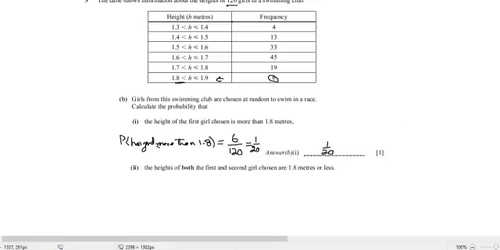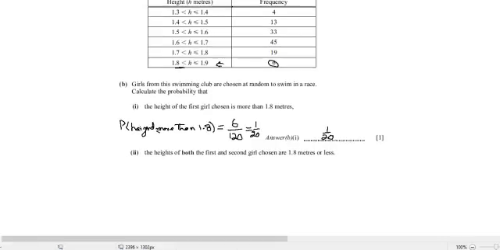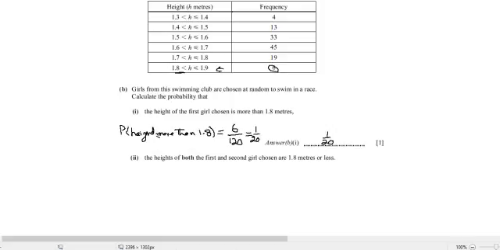In the next part, the heights of both the first and the second girl chosen are 1.8 meter or less. So first let's see what is 1.8 meter or less. For 1.8 meter or less, we have this interval in which we have 19, or less, so it means we will add all these frequencies which are less than or equal to 1.8.